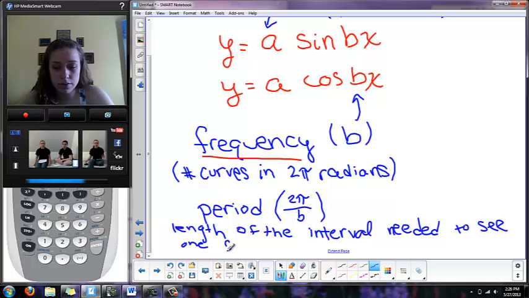One full curve. Okay, the length of the interval needed to see one full curve.